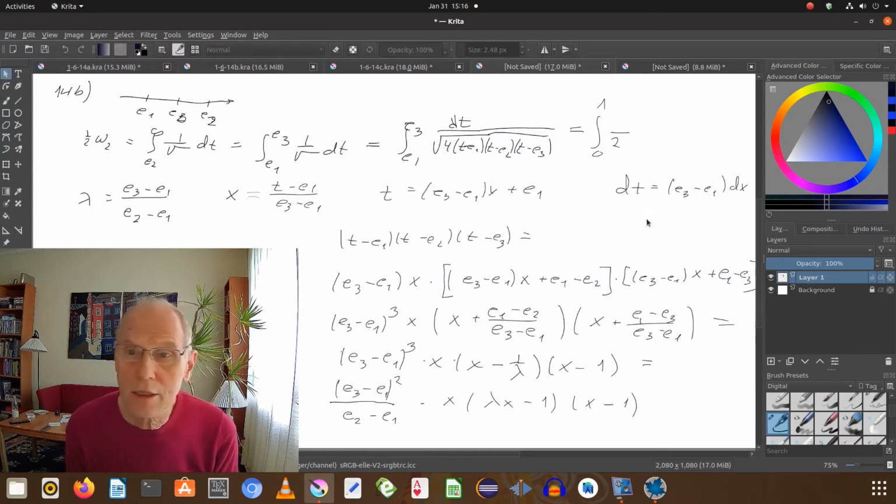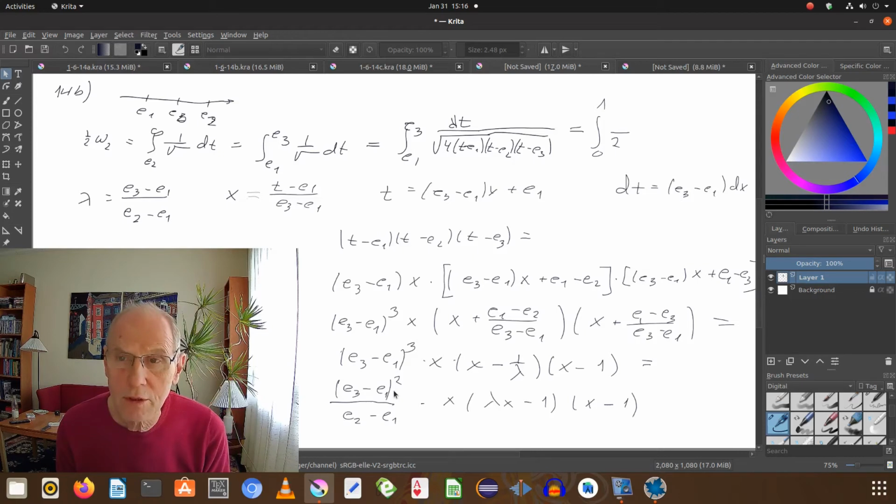Next, dt is e3 minus 1 dx, e3 minus e1, and this is exactly what comes in the denominator when after taking the square root, so they cancel.